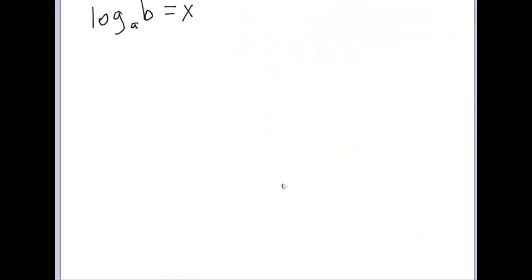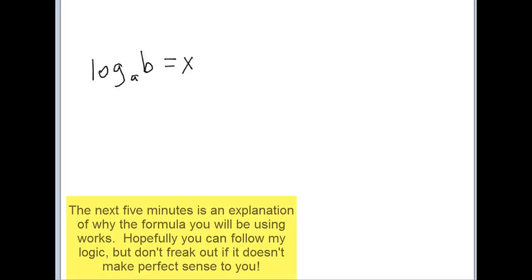So let's look at this one first. Log base a of b equals x. How can we write this in a way that we can calculate it? Well, first of all, log base a of b is x. That's the same as saying a to what power is equal to b. What power of a is b?